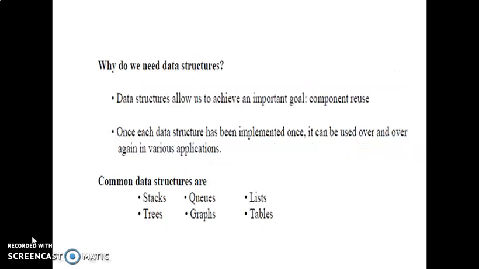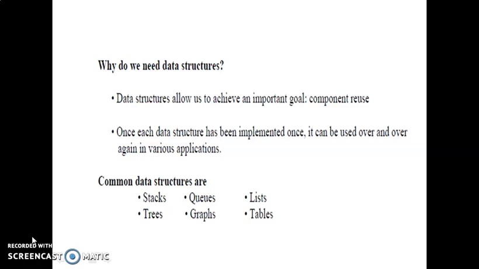Right. Why do we need data structures? I already told that data structures allow us to achieve efficient code. At the same time, it is very useful to store the data and reuse the component. Structured stored data is easy to retrieve and easy to reuse. Each data structure, once implemented, can be used over and over again in various applications.